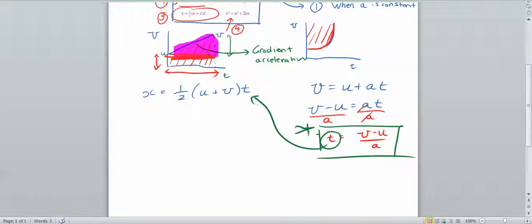Okay, so let's go ahead and do that. Wherever I've got a t in this equation here, I'm going to use this t that we've found over here and sub it in and get another equation. So x is equal to a half, u plus v, times t, which is v minus u over a.